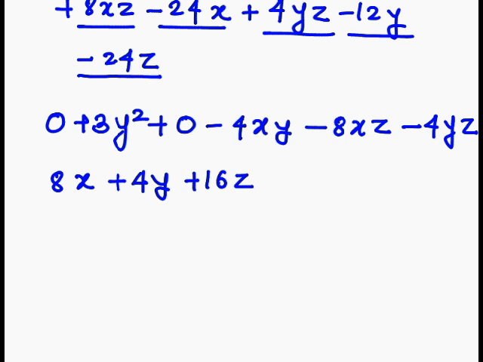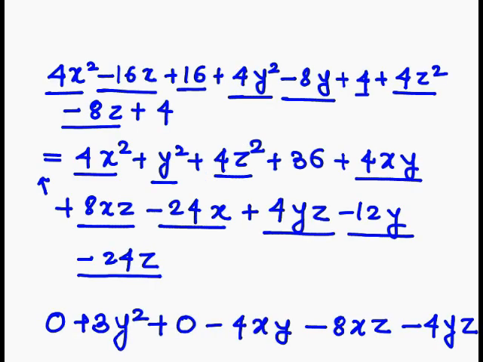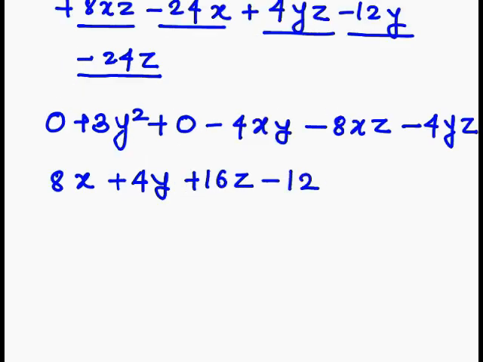Here we have 16 plus 4 is 20, plus 4 is 24, minus the 36. So what we get? The 12. So we get minus 12. So minus 12 is equal to 0.